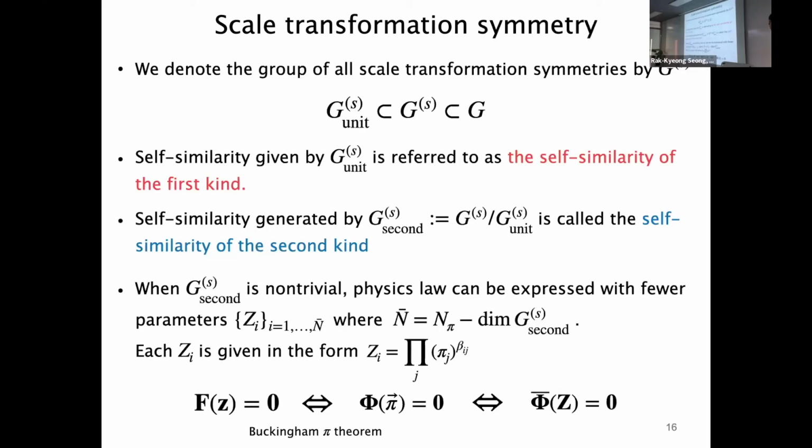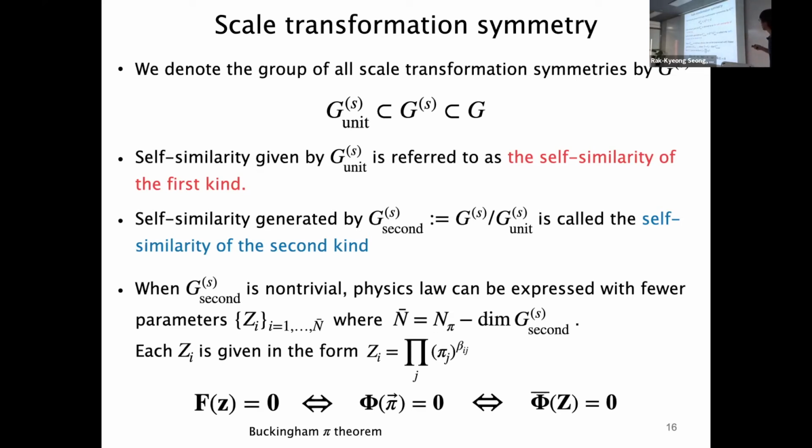However, there can be more, non-trivial scale transformations. Let's denote the group of all the scale transformations in the system by G superscript S. So G sub unit is always a subgroup of this group. As I said earlier, the self-similar solutions generated by the scale transformation of units are referred to as the self-similarity of the first kind.